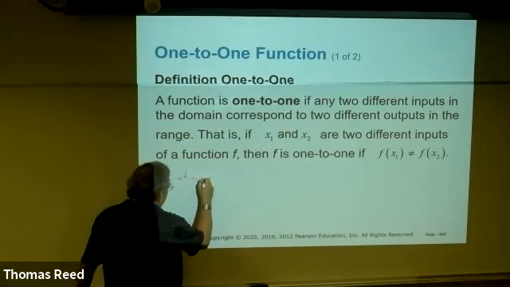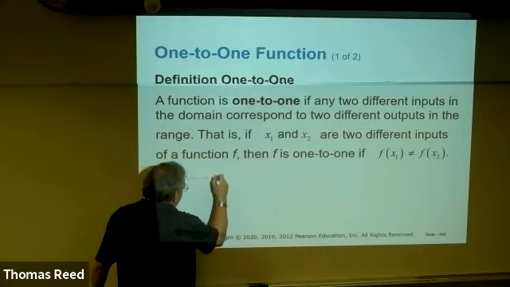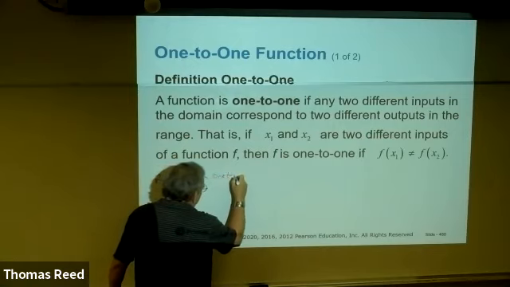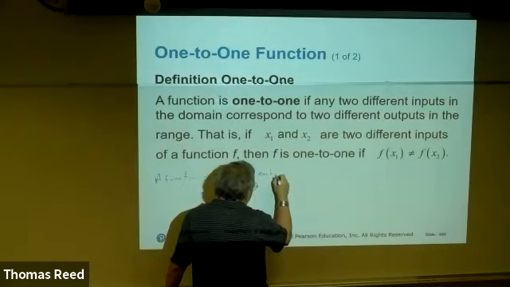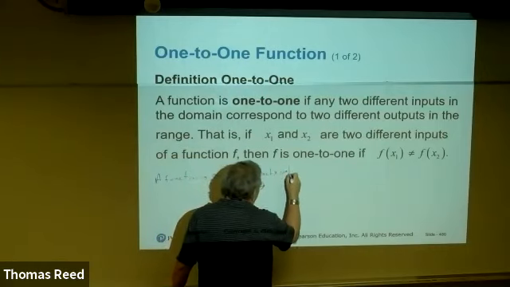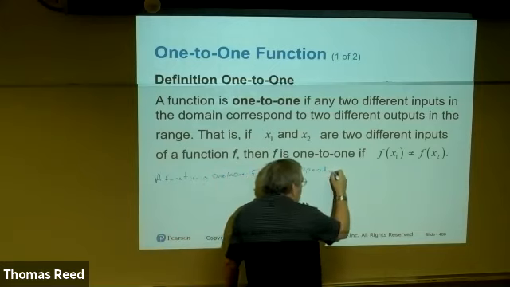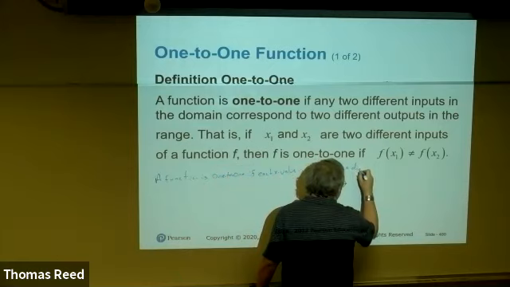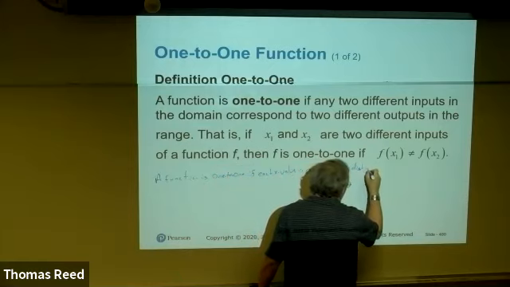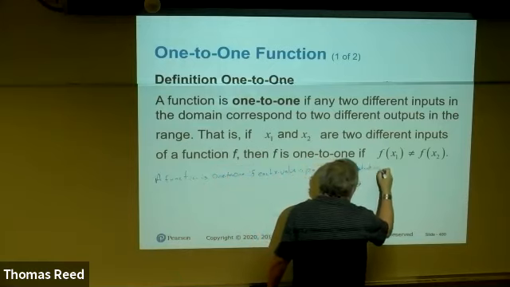A function is 1 to 1 if each x value is paired with a distinct y value.